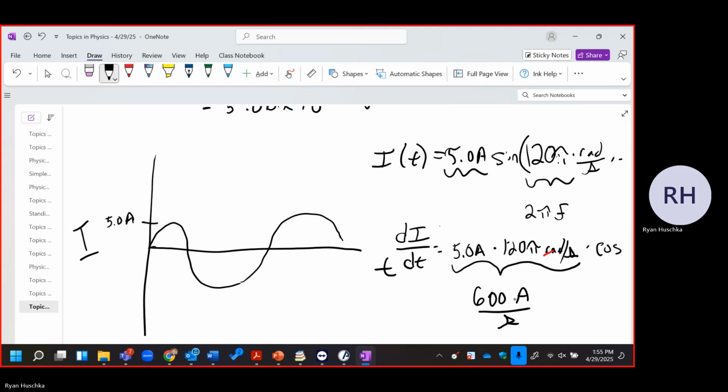amps per second. Where on this little graph am I having my greatest change in current? Right there.